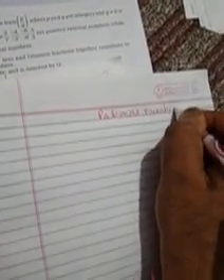Now, a rational number which can be written in the form of p upon q, where q is not equal to 0.